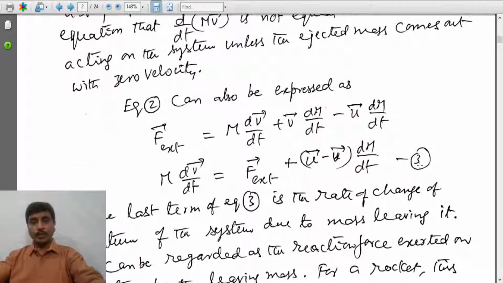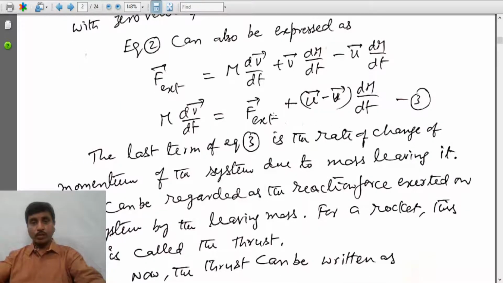Equation 2 can also be expressed as F bar external is equal to m into dv bar by dt plus v bar dm by dt minus u bar dm by dt, that is m into dv bar by dt is equal to F bar external plus u bar minus v bar into dm by dt. The last term of equation 3 is rate of change of momentum of the system due to mass leaving it. This can be regarded as the reaction force exerted on the system by the leaving mass.